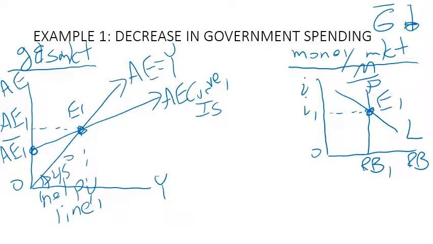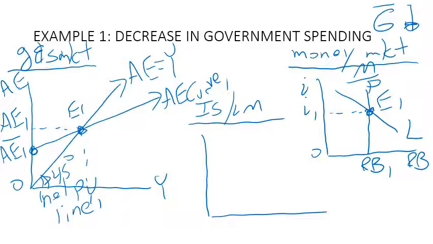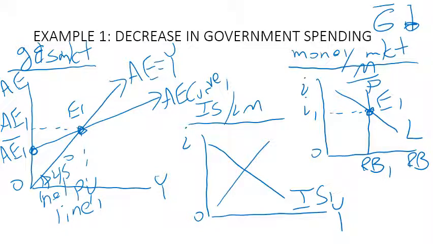And now for the ISLM diagram, we would have the interest rate, national income, IS, negatively sloped, LM, representing the money market, positively sloped, equilibrium interest rate, which is a reference to the interest rate of the money market, this level of national income, which is representative of the income level in the goods and services market.